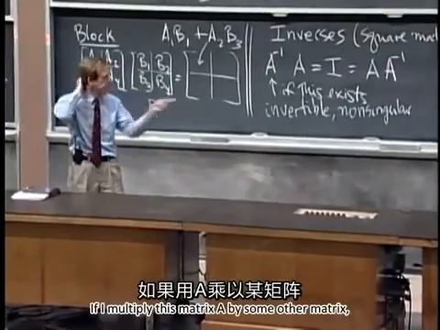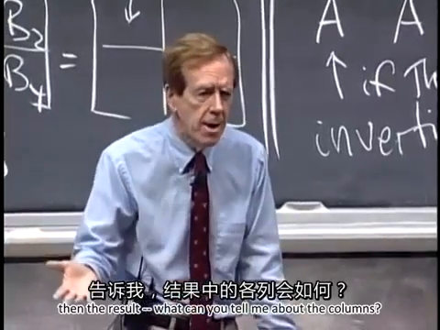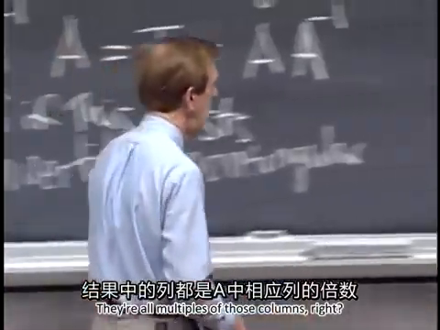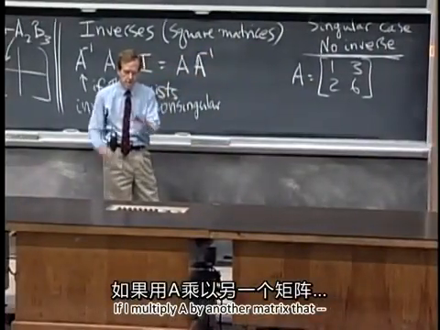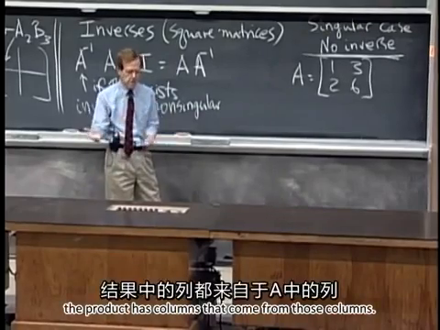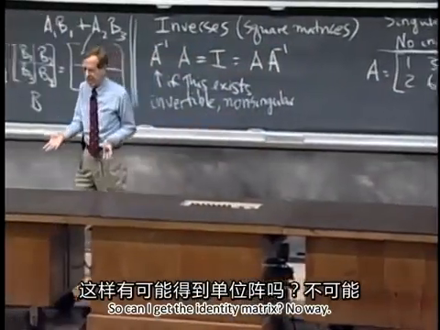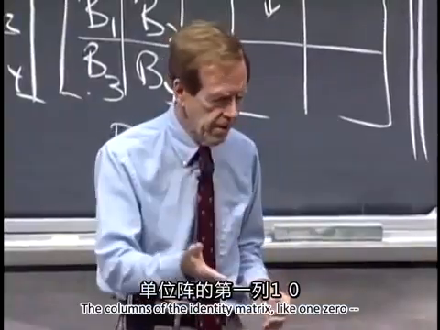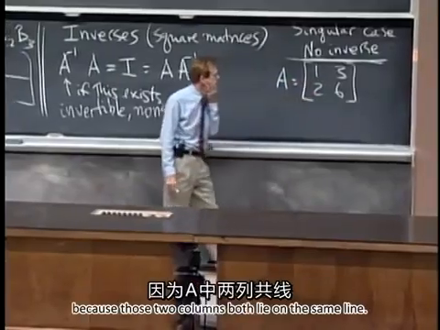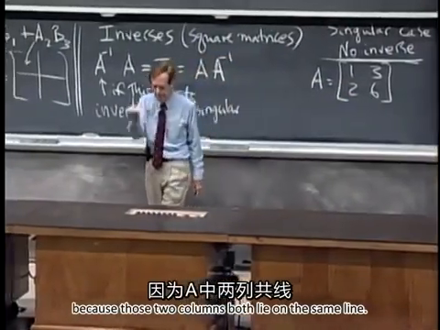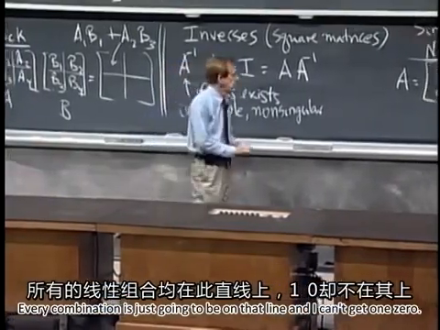If I multiply this matrix A by some other matrix, the product has columns that are all combinations of those columns. So can I get the identity matrix? No way. The columns of the identity matrix, like 1, 0, are not a combination of those columns, because those two columns both lie on the same line. Every combination is just going to be on that line, and I can't get 1, 0.